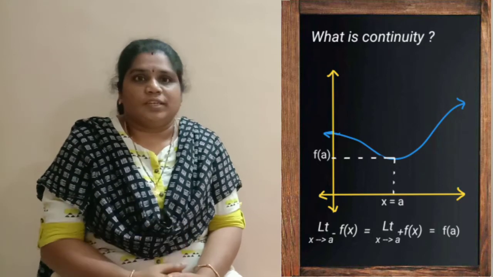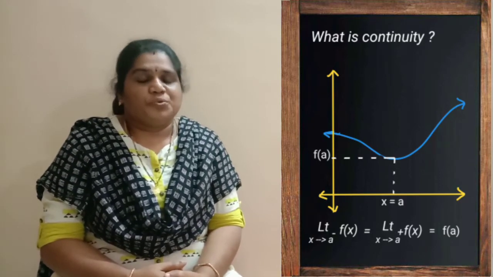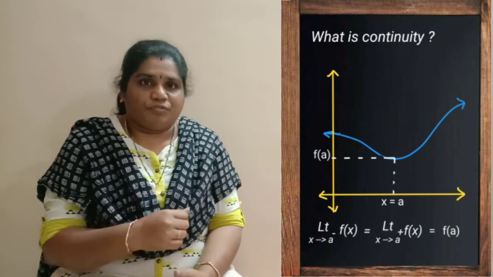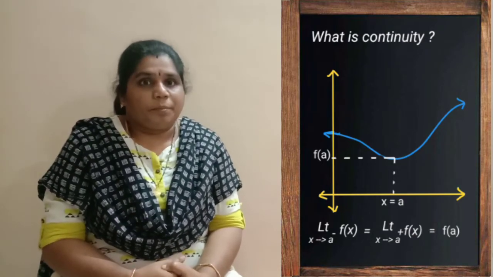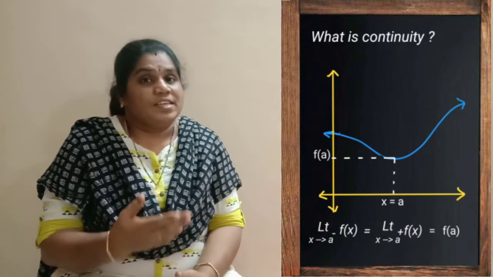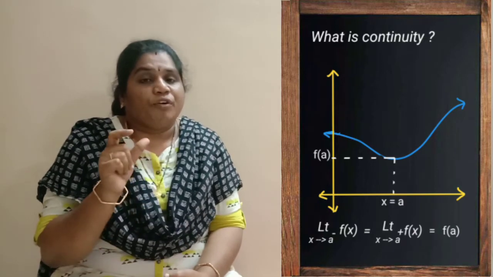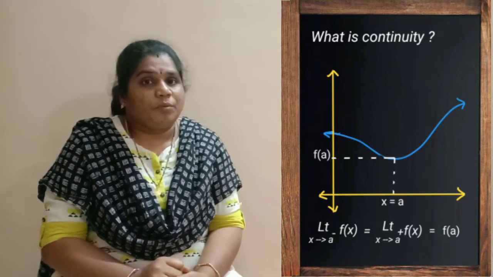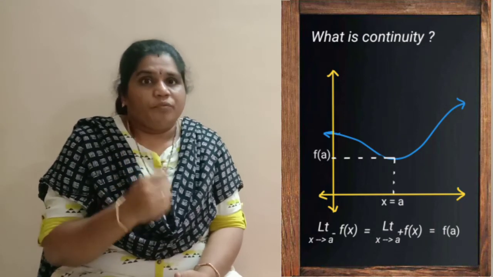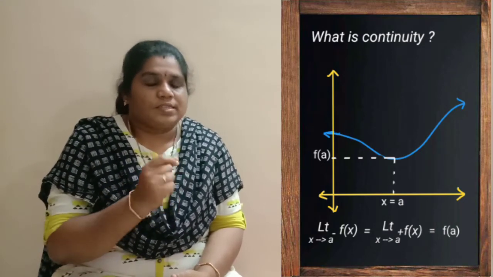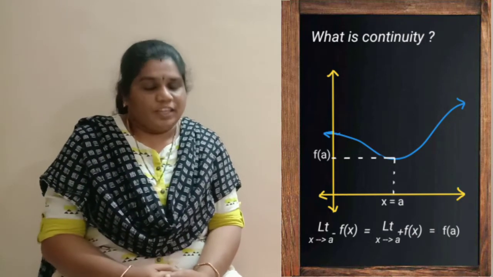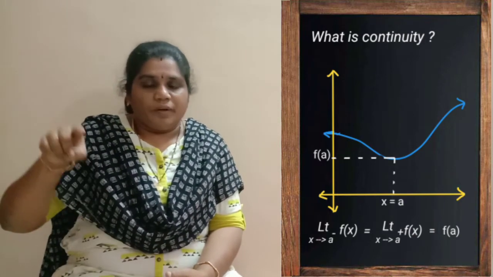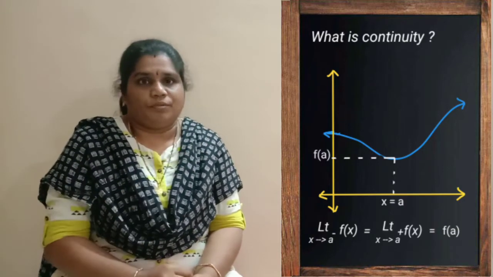So limit x tends to a minus of f of x is equal to limit x tends to a plus of f of x is equal to f of a. f of a is nothing but the y value where x is equal to a. They are all equal. Then you can say the curve is a continuous curve.